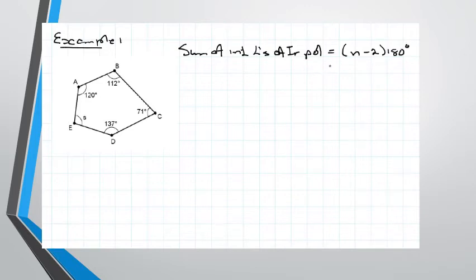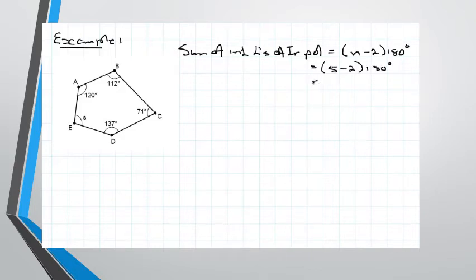So therefore I'm going to substitute, where n represents the number of sides. I've counted 5 sides, so 5 minus 2 multiply 180 degrees.